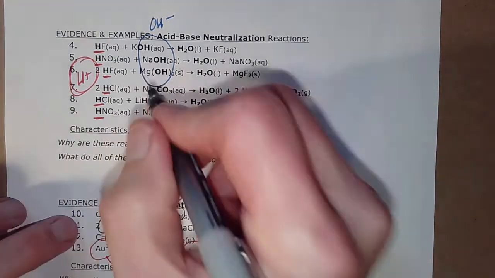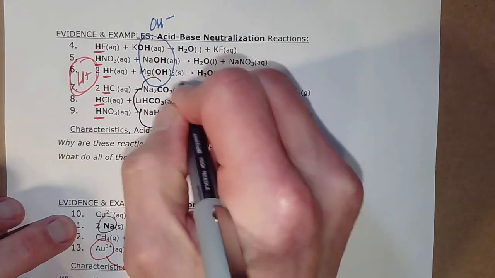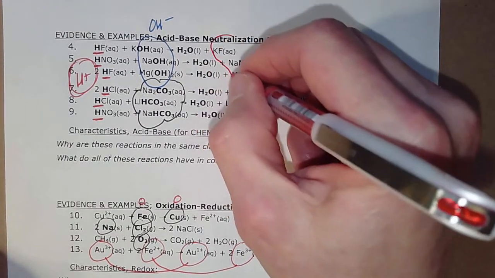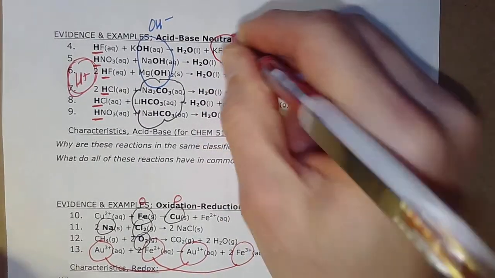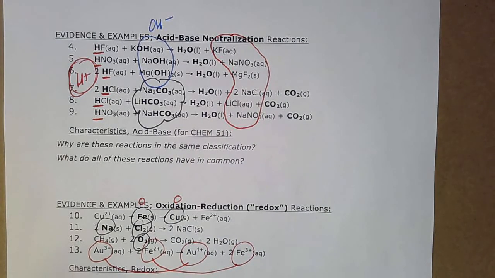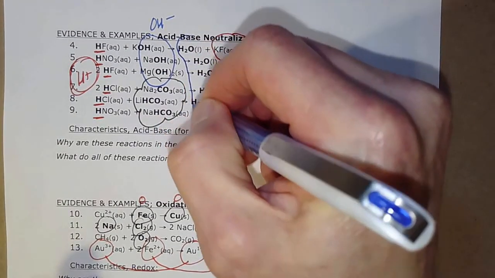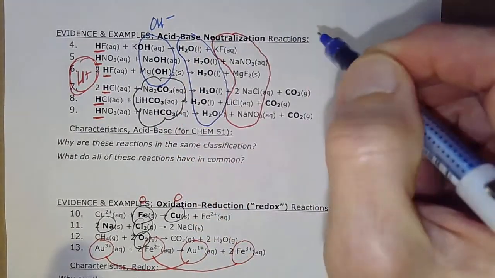Now we have something a little bit different going on here. So we'll have to come back and sort that out later. But one of the things we said was, every single time there's an acid-base reaction in Chem 51, there's an ionic compound that forms. The other thing we said was, gosh, every single time water was formed.